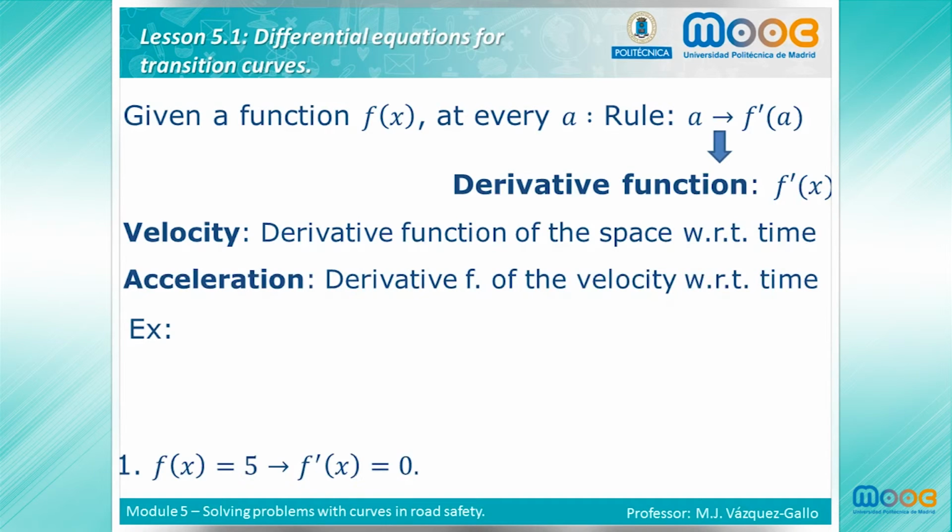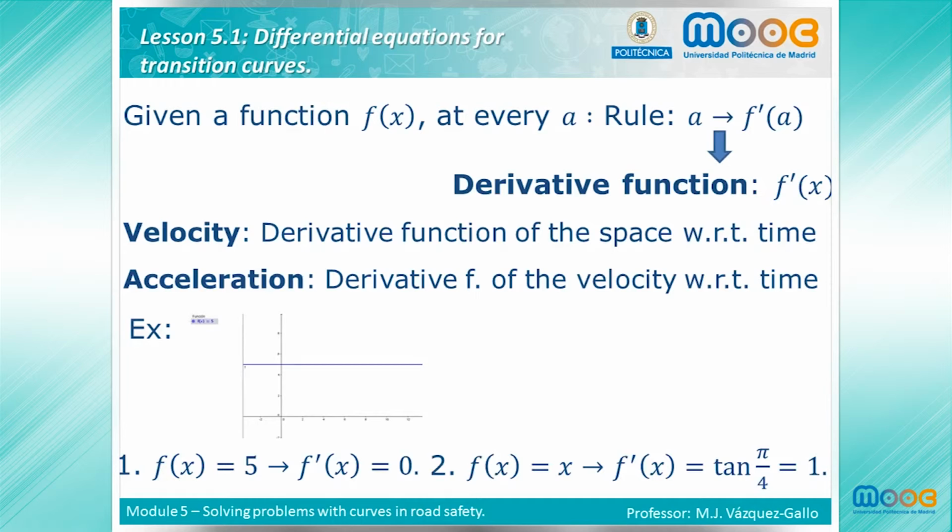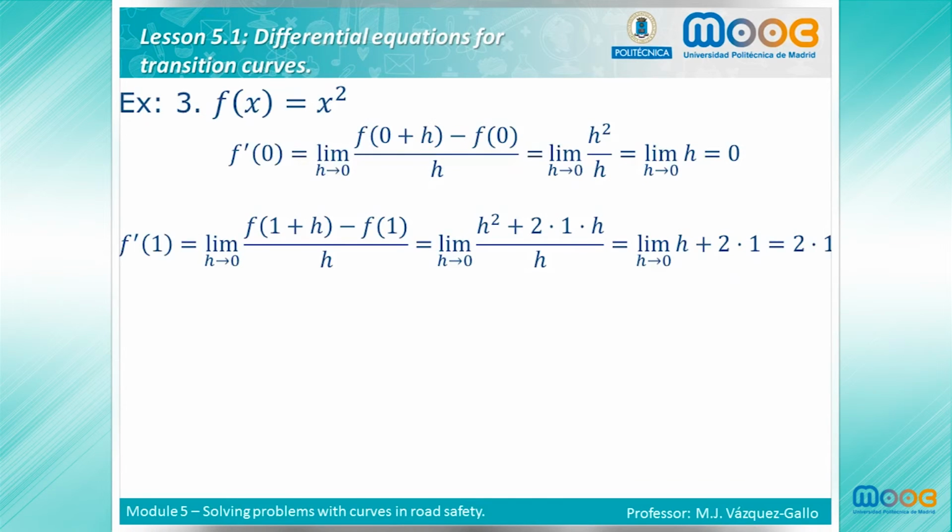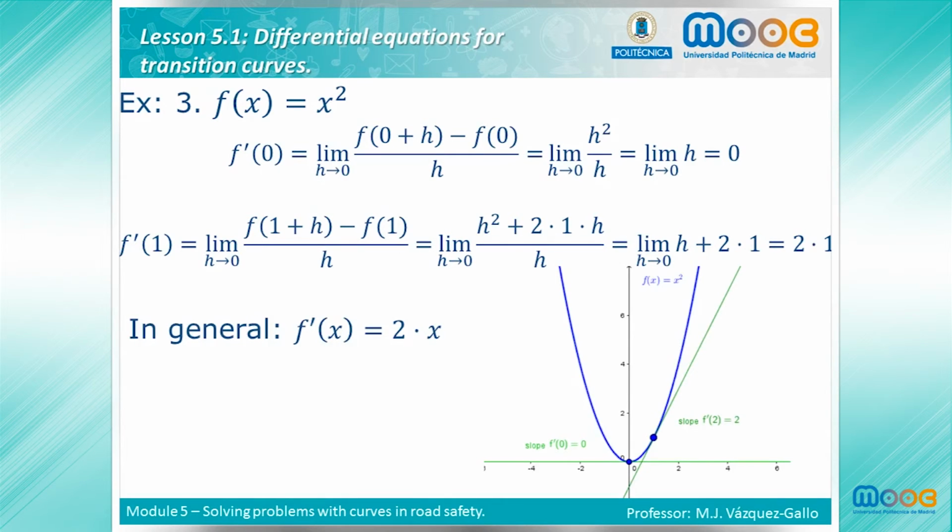Easy examples are a constant function, let's say 5, that has zero derivative because it doesn't change, and the identity function that has derivative function equal to 1 because the graph of the identity is the diagonal line with slope 1. And for the function x squared, it is easy to see that for every number x, the derivative of f is 2 times x. For example, f prime of 0 is 0 as the tangent line to the graph at the origin is horizontal.